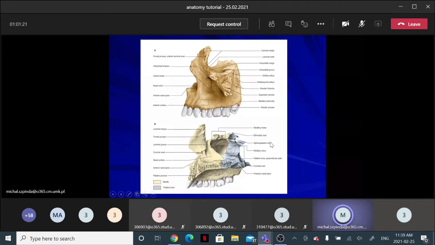The maxilla is a pneumatic bone with an air space, the maxillary sinus, and its maxillary sinus may enter the zygomatic process. It may completely invade the zygomatic process.